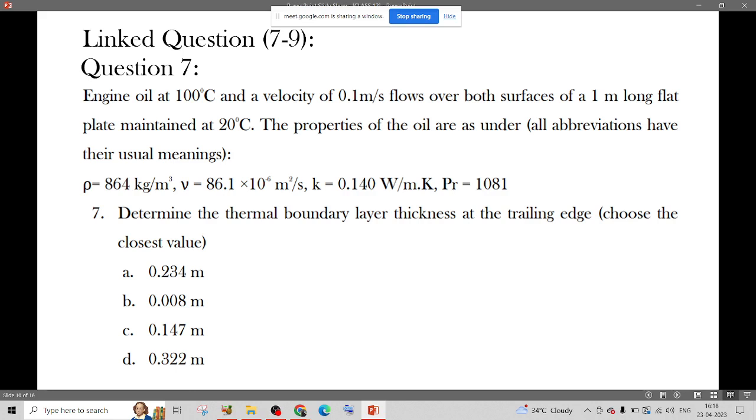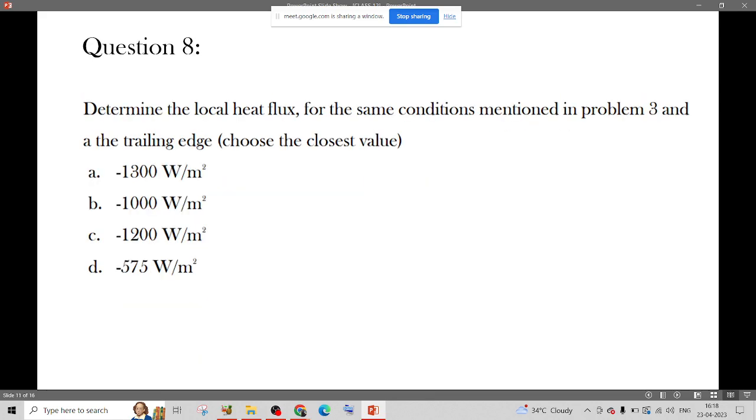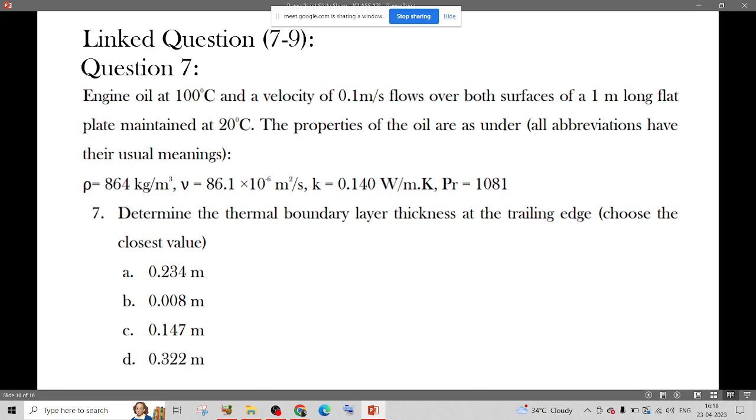Use this equation and from here you find out the local heat flux. I'll give you 2 minutes for this and then we'll proceed with the solution.